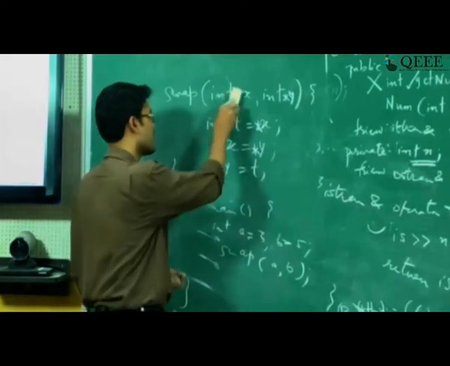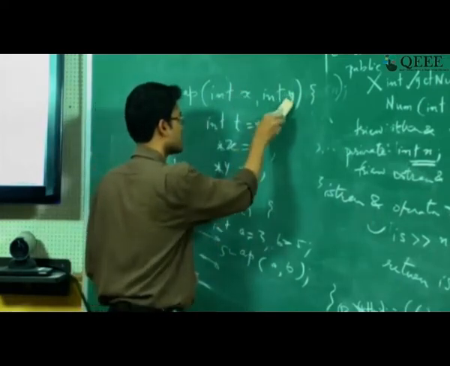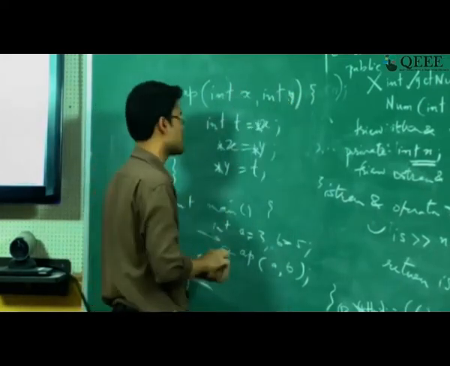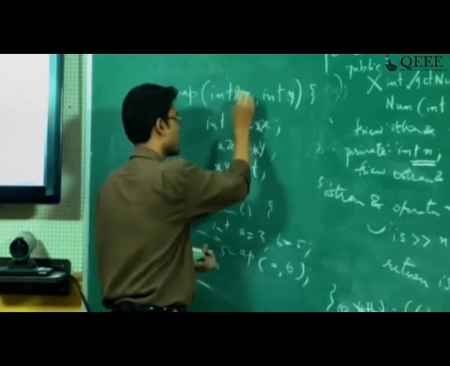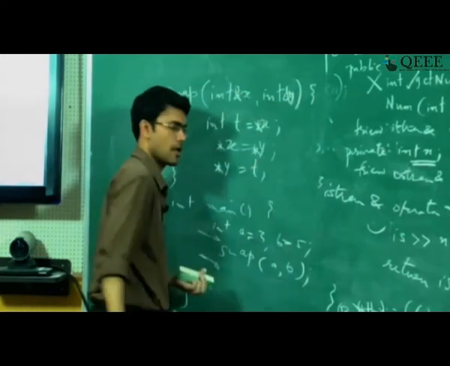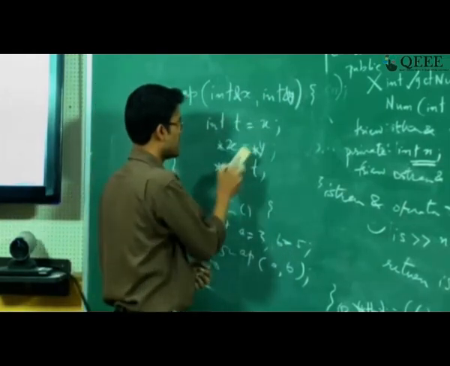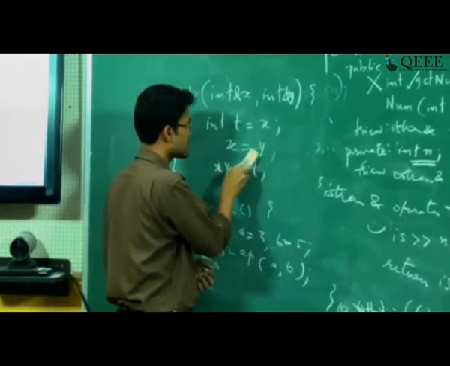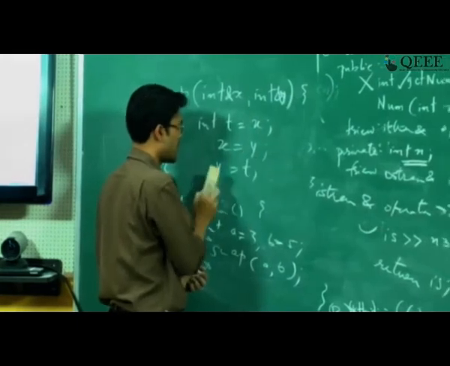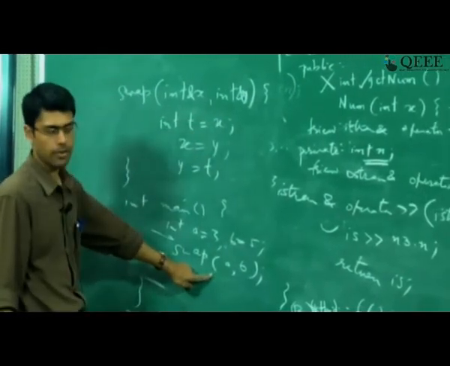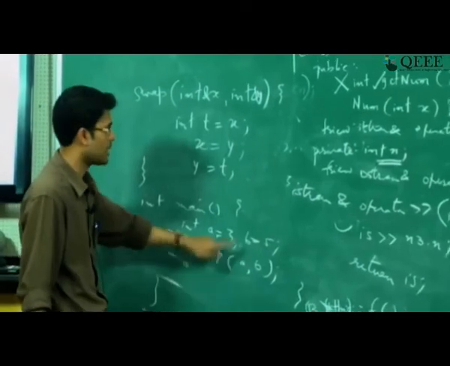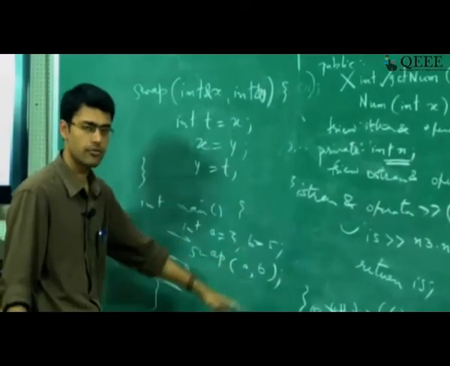And then here, instead of specifying the stars, I'm just going to specify that this is pass by reference. And then the code remains the same as it was earlier. So whenever I'm referring to x here, I'm actually referring to the x which was passed here, which is a, and y corresponds to the usage of b.